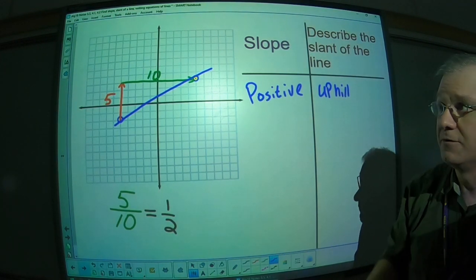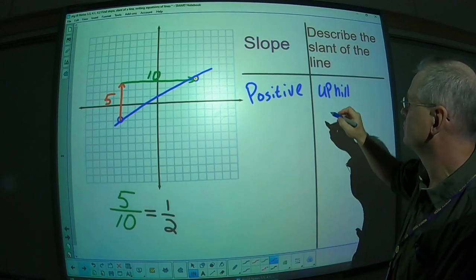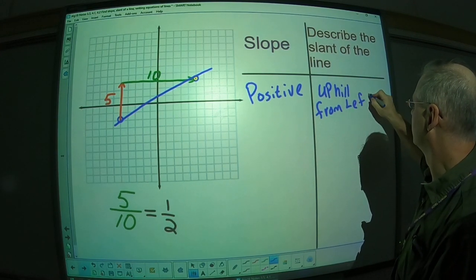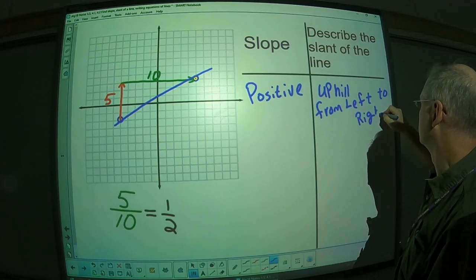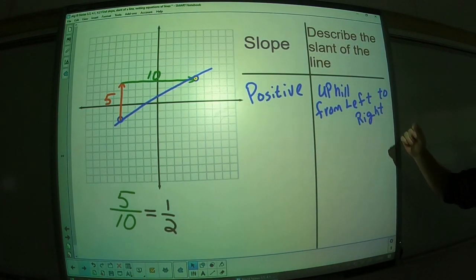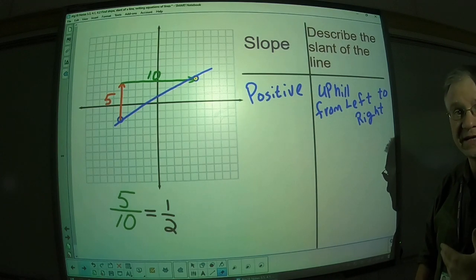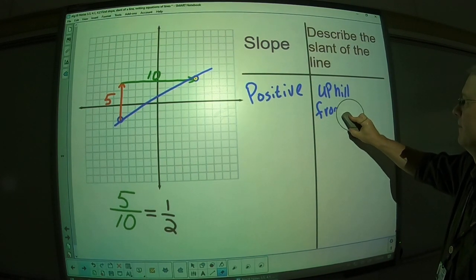Rising is something else people might say. Now, if you were on an MCAS test, you'd say from left to right, because you have to be specific on an MCAS test. However, in this situation where we are assuming that we're going from left to right, we can just state uphill.